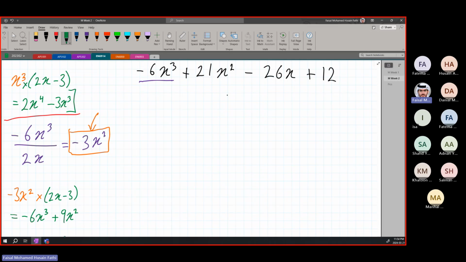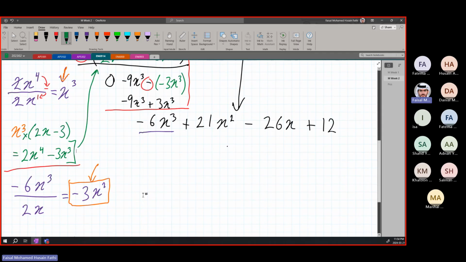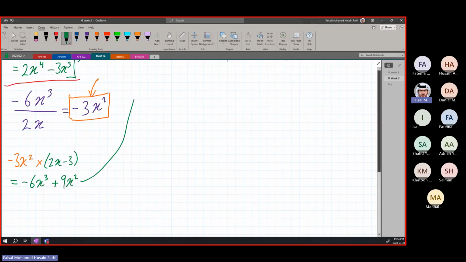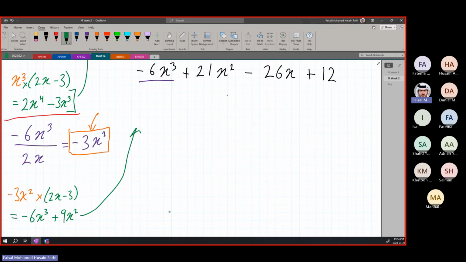And now we take this expression, just like we did here. We took this expression up here, and we're going to take this expression again back up here under this. So what was the expression? Minus 6x cubed plus 9x squared. Okay? So this is the expression.